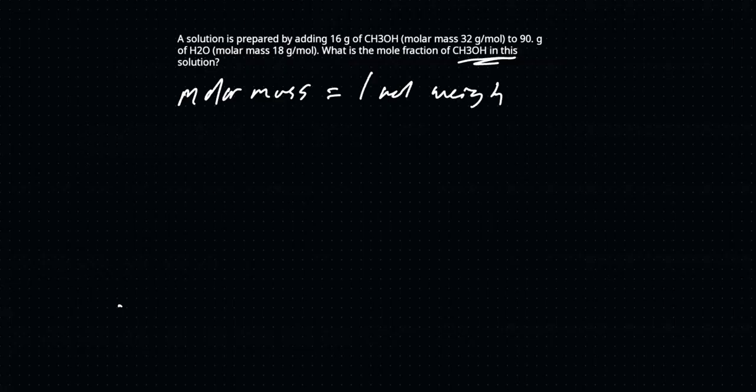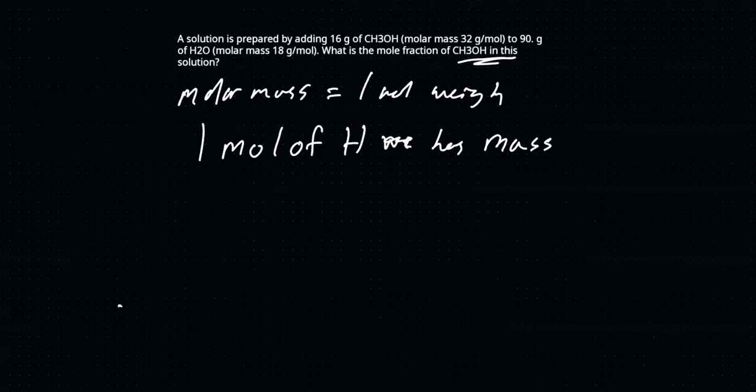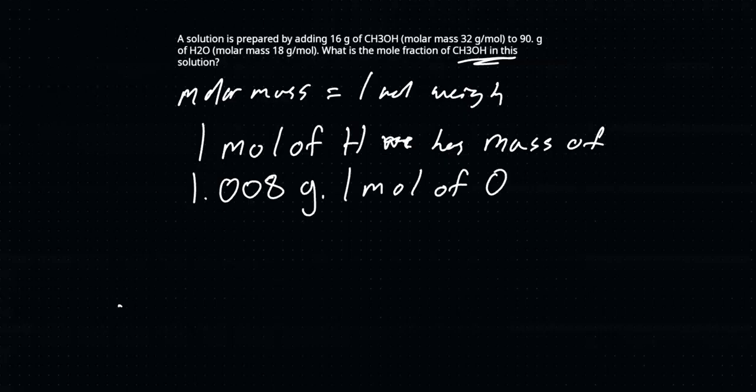So 1 mole of hydrogen has a mass of 1.008 grams. A mole of oxygen has a mass of 16.00 grams in 1 mole.